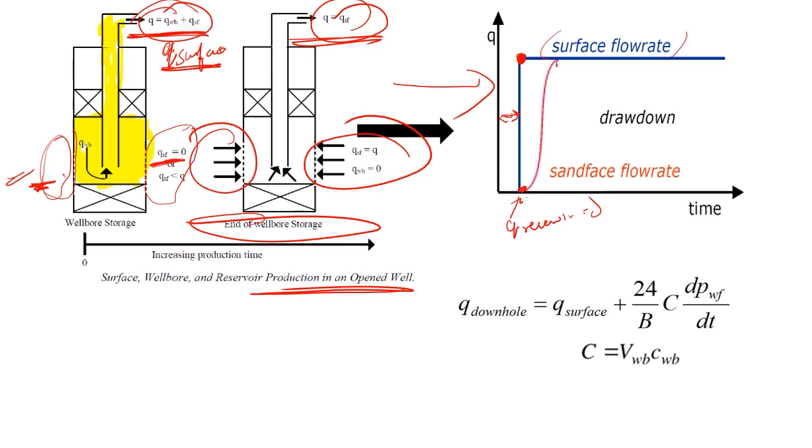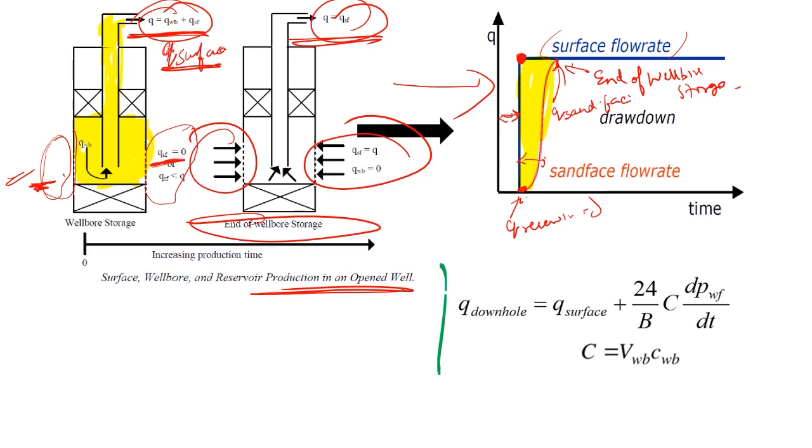Only after some time am I getting my Q sand phase. That means this time period is the end of wellbore storage, and this shaded region indicates the region of wellbore storage. Got it? Again, a very simple concept.